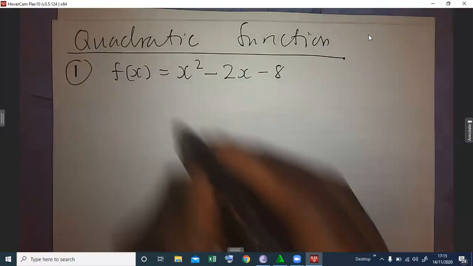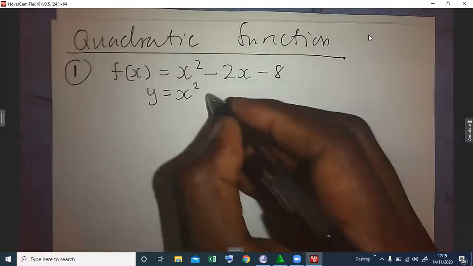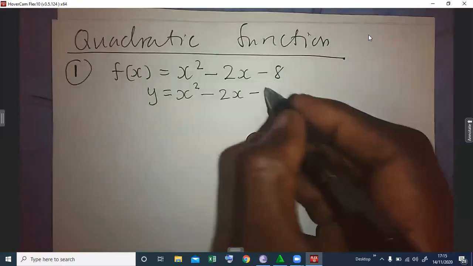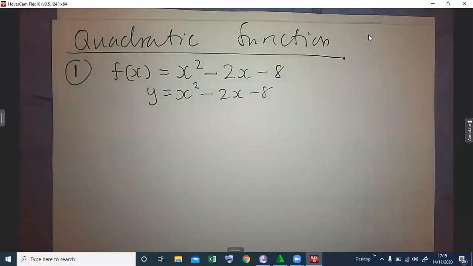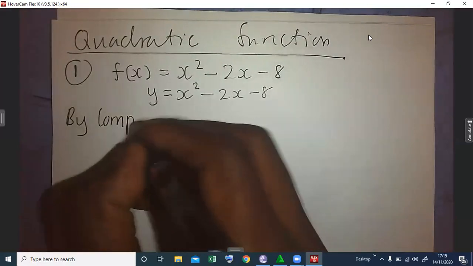This function, I can change it to an equation and it will become x squared minus 2x minus 8. Now I'm going to use two methods. First, I'm going to find the turning point using completing the square. So first, I'm going to use completing the square.